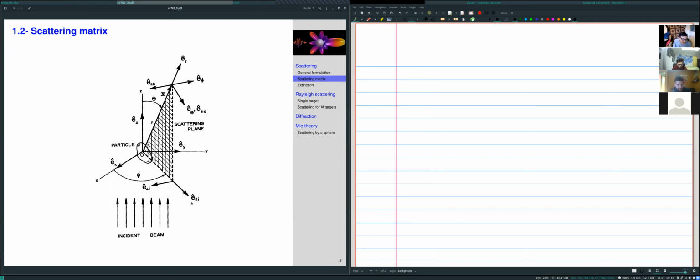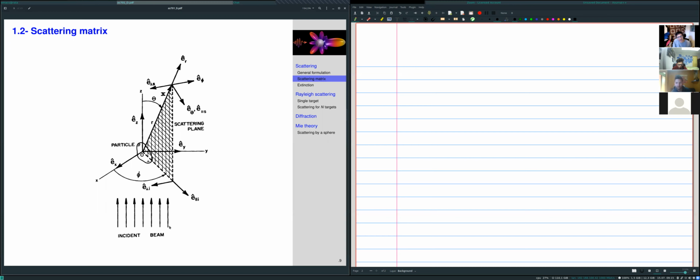The incident vectorial basis is meant to be orthogonal to the incident beam, which is good enough because we are using electromagnetic waves and they're transverse waves. Then the scattered wave is propagating in this direction, and we are observing the scattering in direction theta. So we also need a basis of vectors that's orthogonal to the propagation direction.